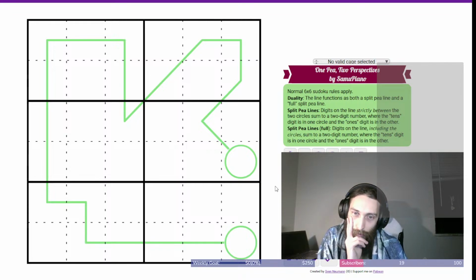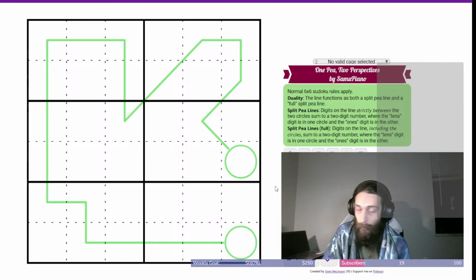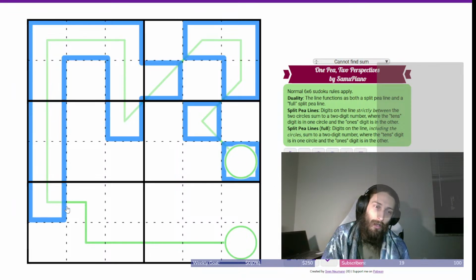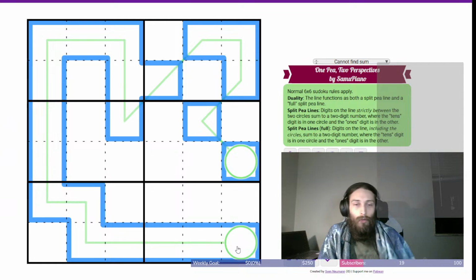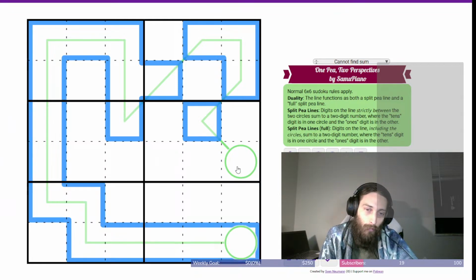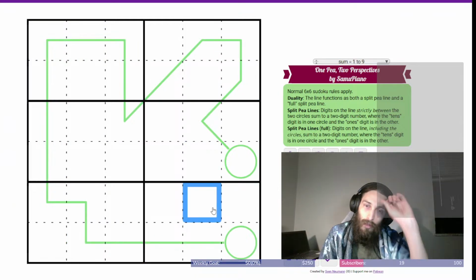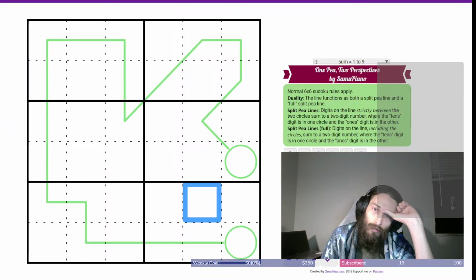So essentially, what they're saying is that the difference between the line with the circles and without the circles is going to be the ones digit and the tens digit.